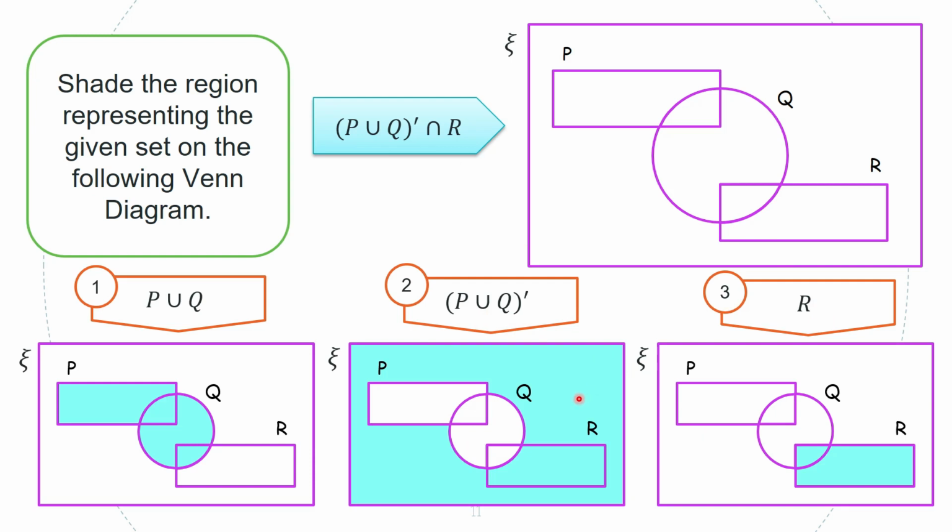The intersection is the common element between both shaded regions. From these two sets, we know that this part and this part are the common elements. So we shade this region. So this is the final answer.